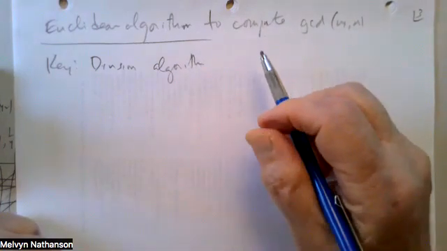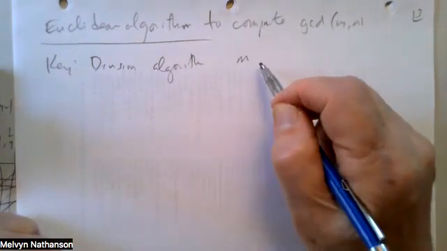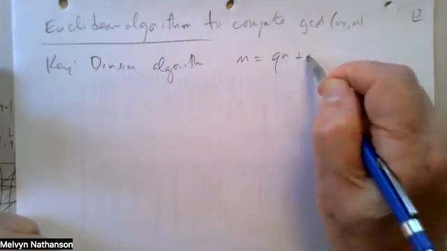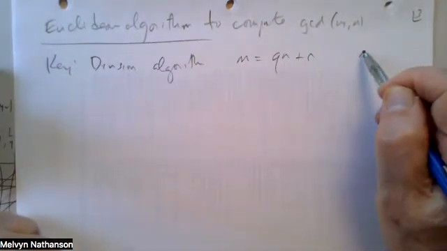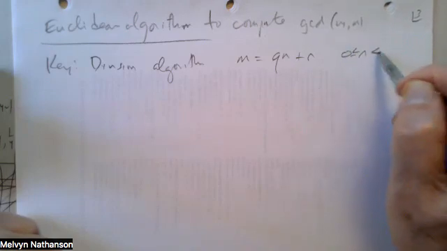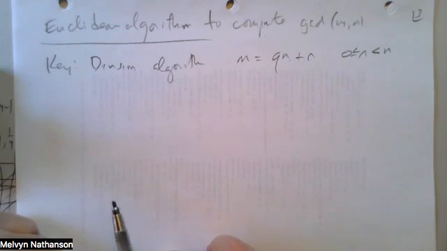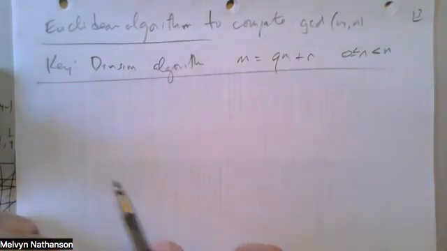The division algorithm says if you take a number M and divide by N, you get a quotient Q and a remainder, where the remainder is non-negative and strictly smaller than what you're dividing by. Right? That's the division algorithm.